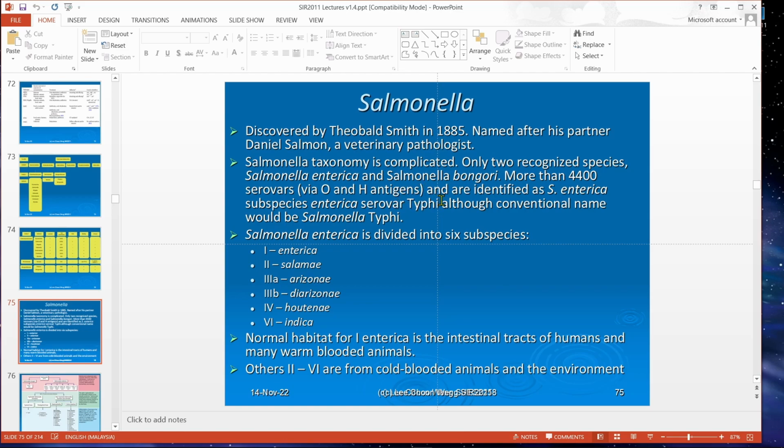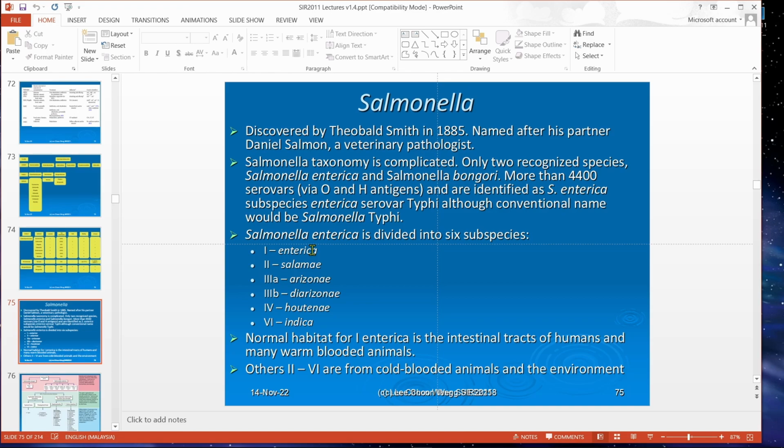They have recently revised the taxonomy. So now there are only 2 recognized species, Salmonella enterica and Salmonella bongori. Salmonella enterica is divided into 6 subspecies. You need to know only the first one, because only subspecies enterica is for humans and warm-blooded animals.